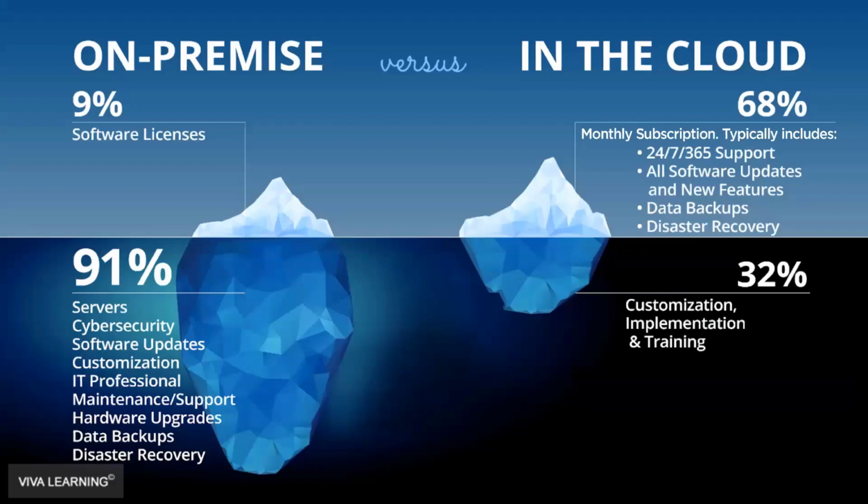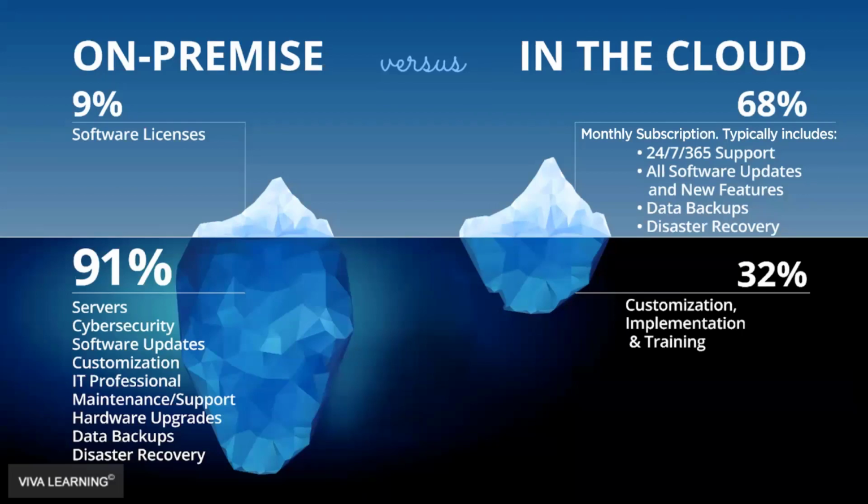So when you look at the differences between an on-premise, client server type situation, and a cloud-based system, you need to consider costs in addition to the software license. You will pay a fee to your software provider for that license.